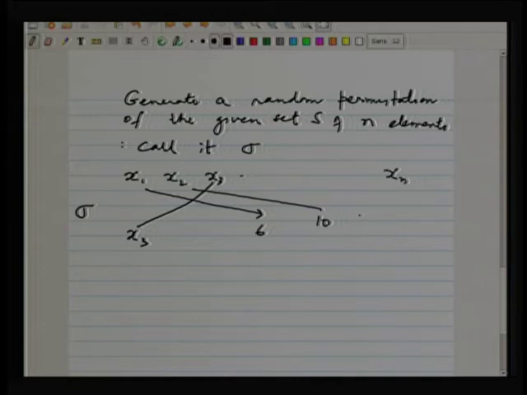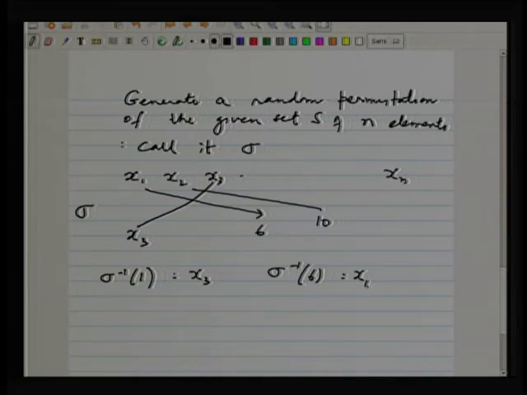Okay. So, I can refer to these elements. The first element of the random permutation is nothing but sigma inverse of 1. So, sigma inverse of 1 is basically x 3, sigma inverse of 6, the 6th position, is equal to x 1, and so on and so forth. Okay.